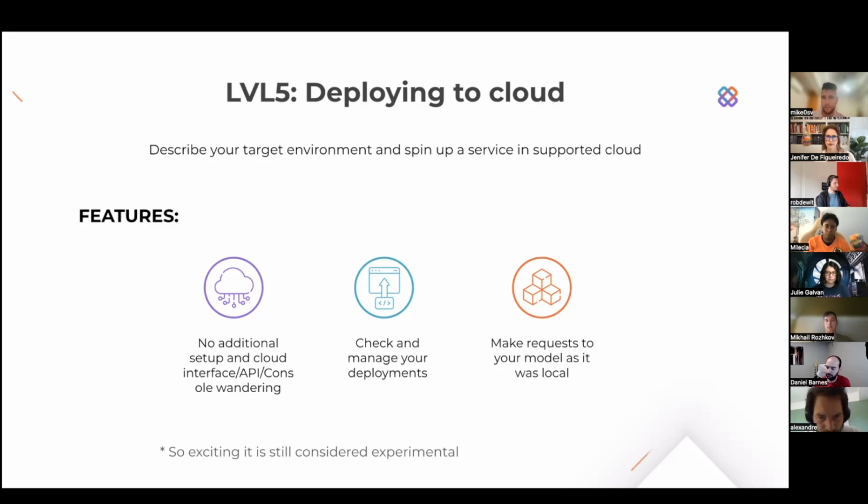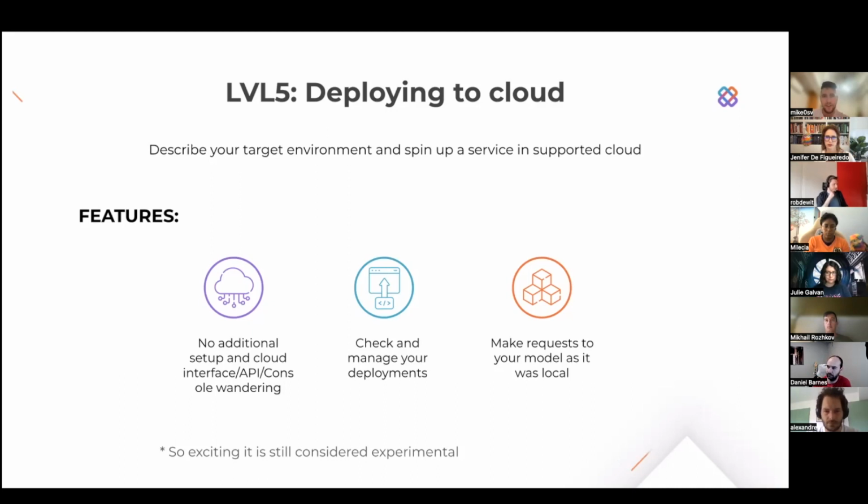call these methods with the same arguments as your local model, for example, with pandas data frames or NumPy arrays, and it will give you back the responses of your model, also like NumPy arrays or whatever your model returns. But actually what happened was your data was serialized, sent to the cloud, then the model executed and got the prediction, and it was again serialized, sent to you, and deserialized locally.